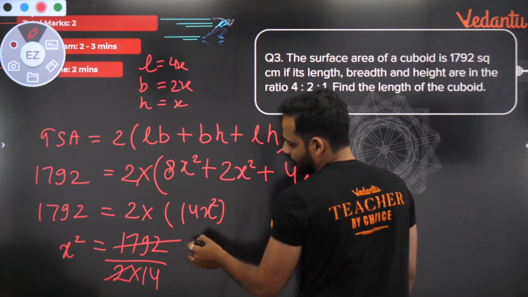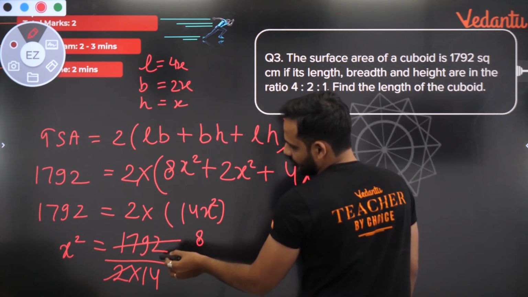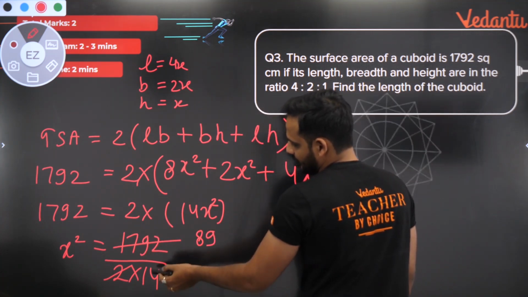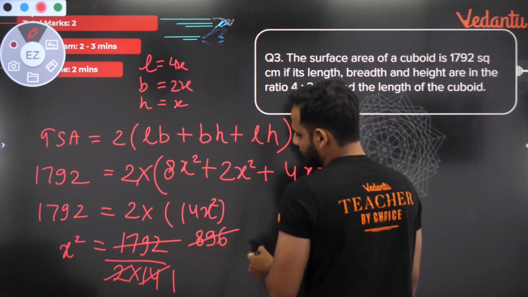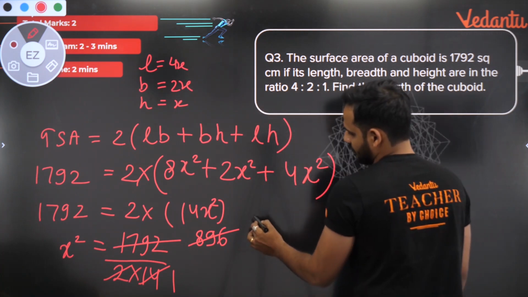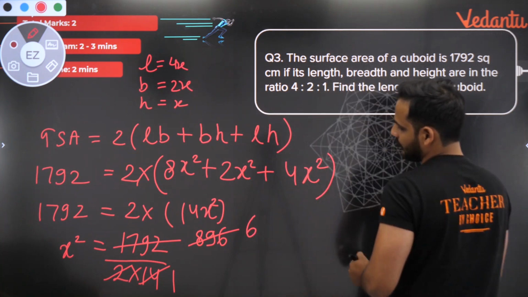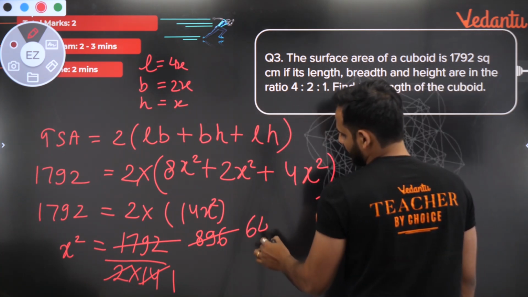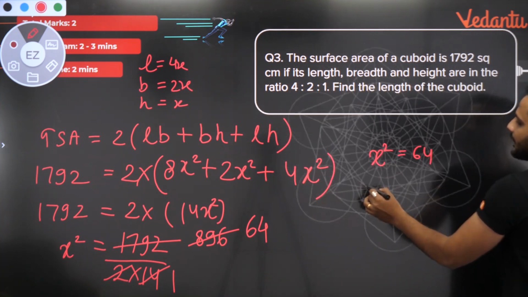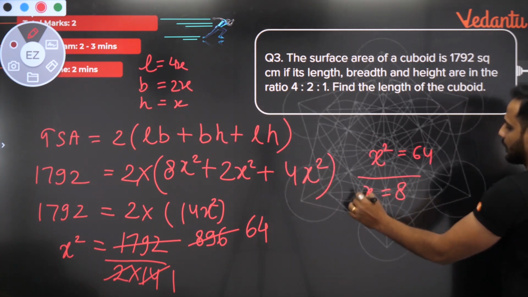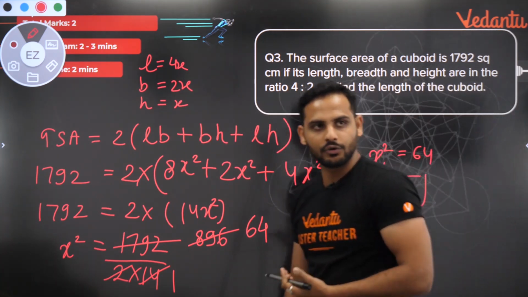Then dividing 896 by 14, 14 6s are 84, remainder 5, and 14 4s are 56, so we have got x square is equal to 64. So I can say x is equal to 8, because 8 square is equal to 64. Square root on both the sides.